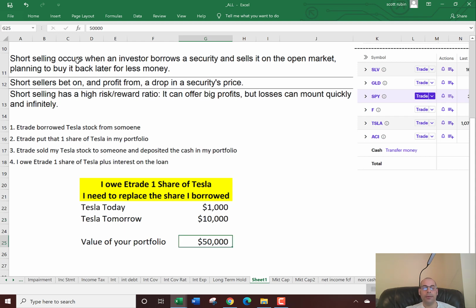So if E-Trade doesn't feel I'll be able to pay back the borrowed stock, meaning I can't afford the $10,000, they may force me to sell. If my portfolio had $50,000 in it, E-Trade probably wouldn't force me to buy the stock for $10,000 because they feel pretty comfortable I can afford $10,000. But what if my portfolio was only $2,000?